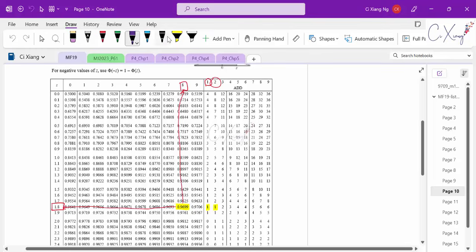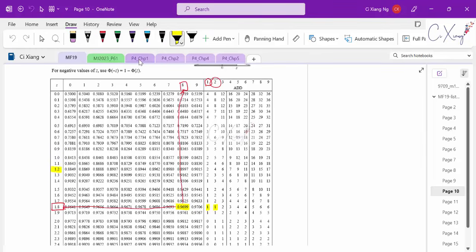I'm looking for 1.26. So 1.26 gives me the value 8962. Then for 1.262, the 2 here, you need to add the 4 at the last digit of this number. So you get 8966, and the probability will be 0.8966.